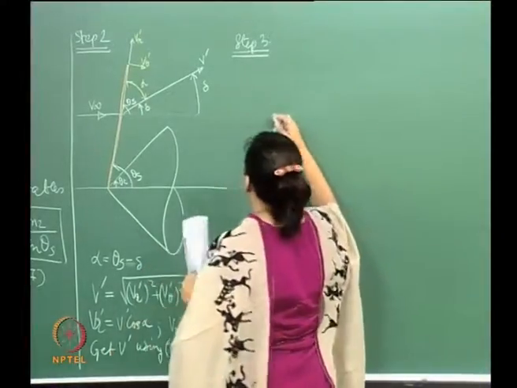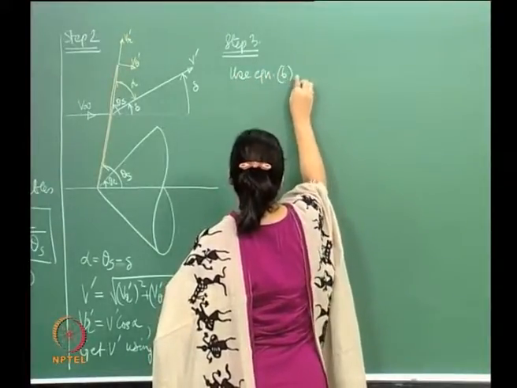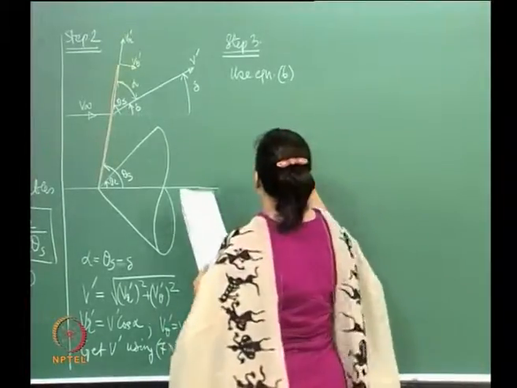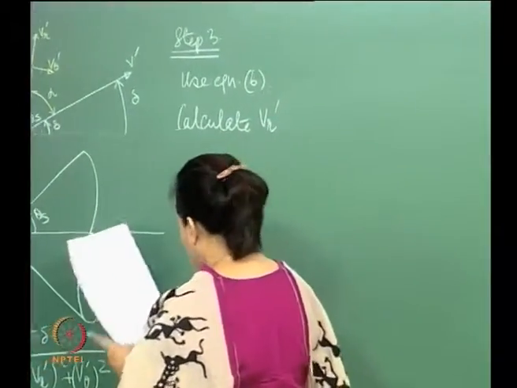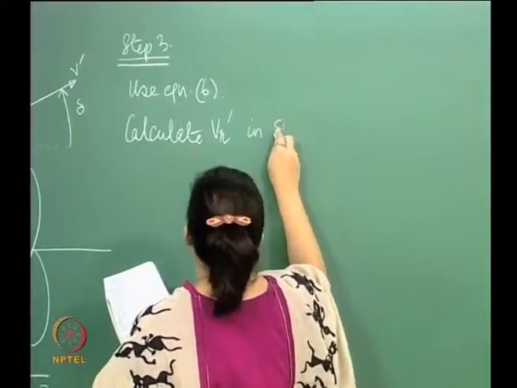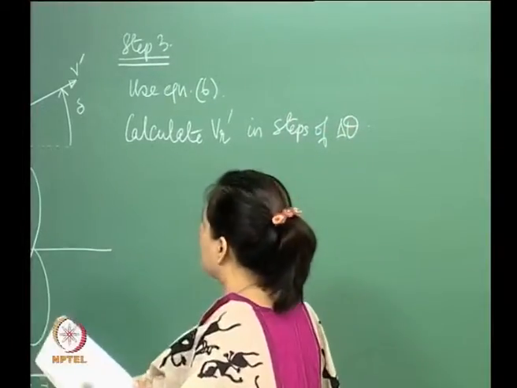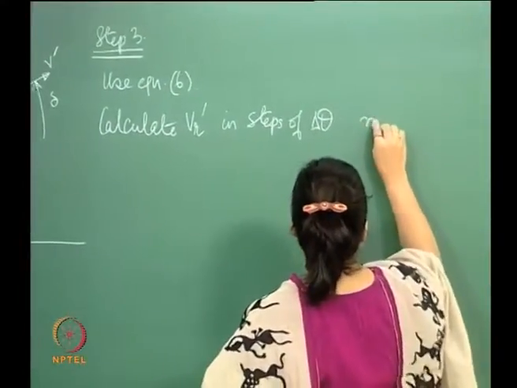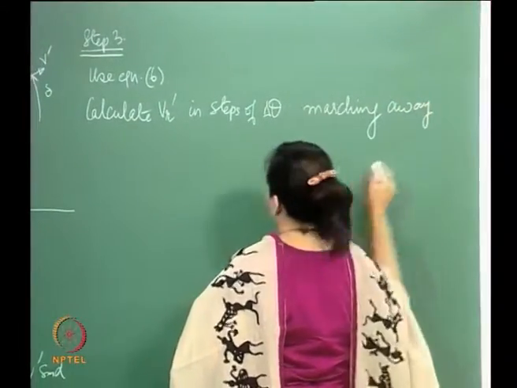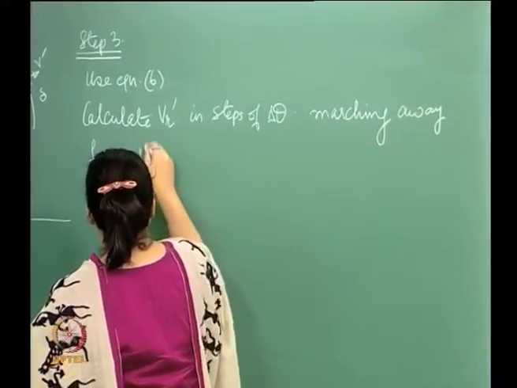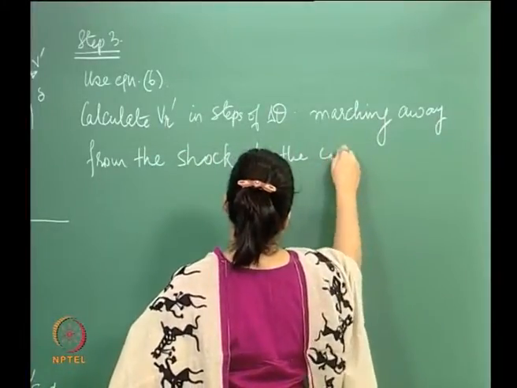So let us use equation 6, in steps of delta theta, marching from the shock to the cone.